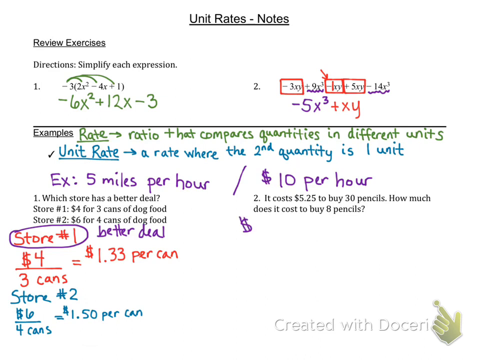So I'm going to take $5.25 and divide that by 30 pencils. And this is going to tell me what it's going to cost for one pencil. If I round this to the hundredths place, I'm going to end up getting 18 cents per pencil.